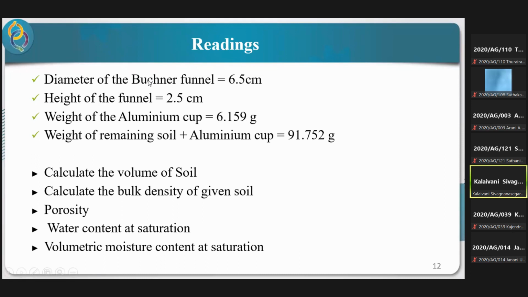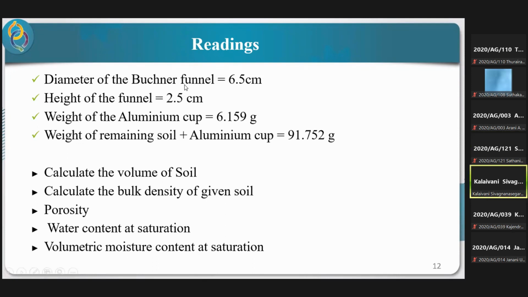We are giving the data of Buchner funnel, diameter and height. We already filled the Buchner funnel with soil, so we can assume that volume of Buchner funnel is equal to the volume of soil. Right? Okay, ma'am.